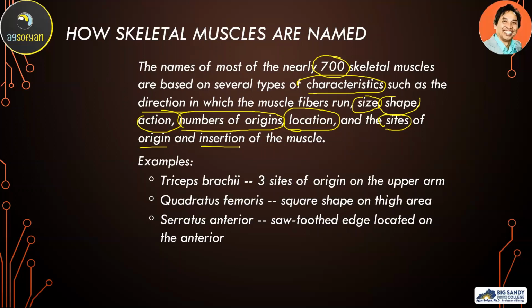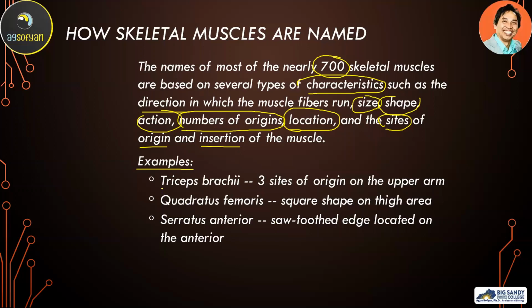So basically, muscles are given names for some of their characteristics, location, origin, and so on. Here are examples of muscle names.